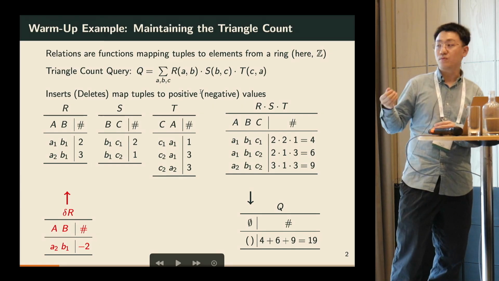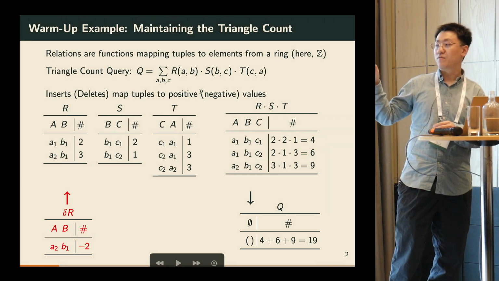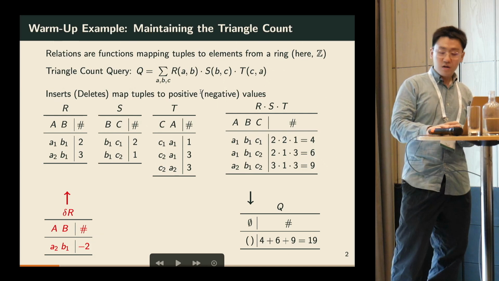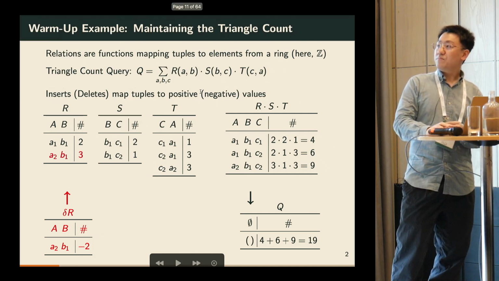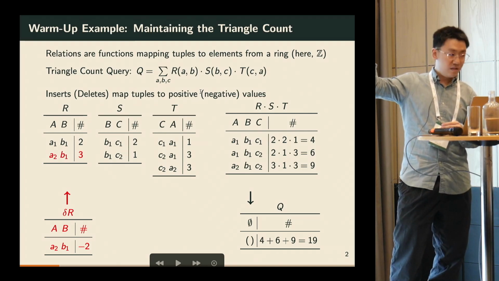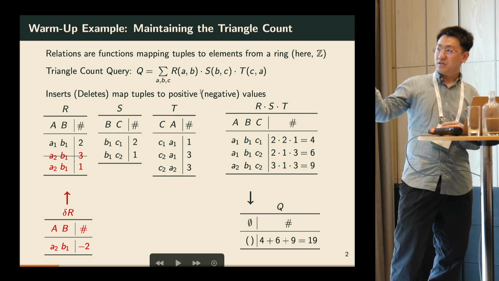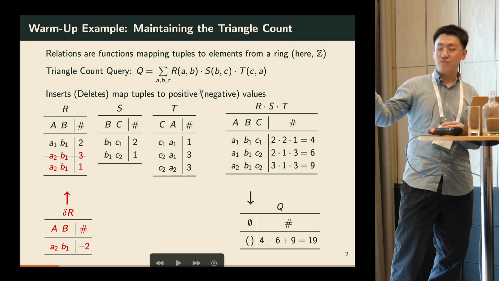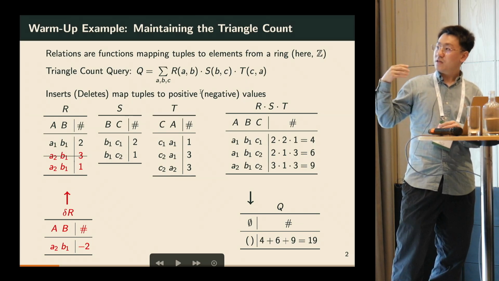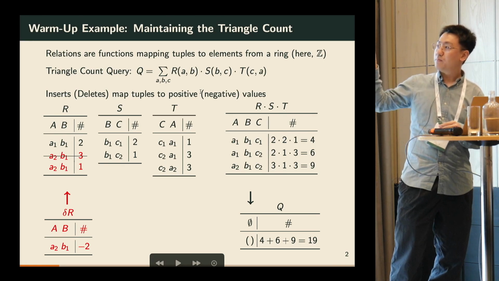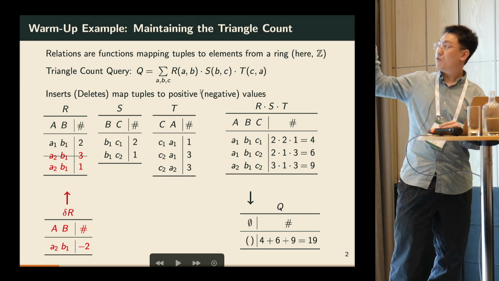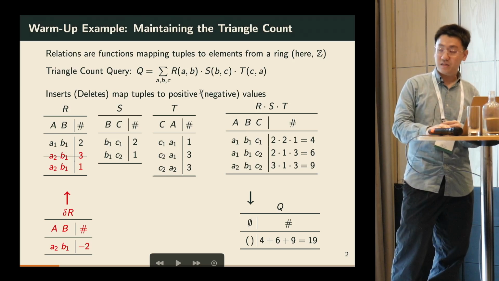It means we remove 2 A2, B1 tuples from relation R. So that means we need to update that tuple in the original data, and we update its count from 3 to 1. So the naive approach is then to recompute the whole thing here and get the updated result.